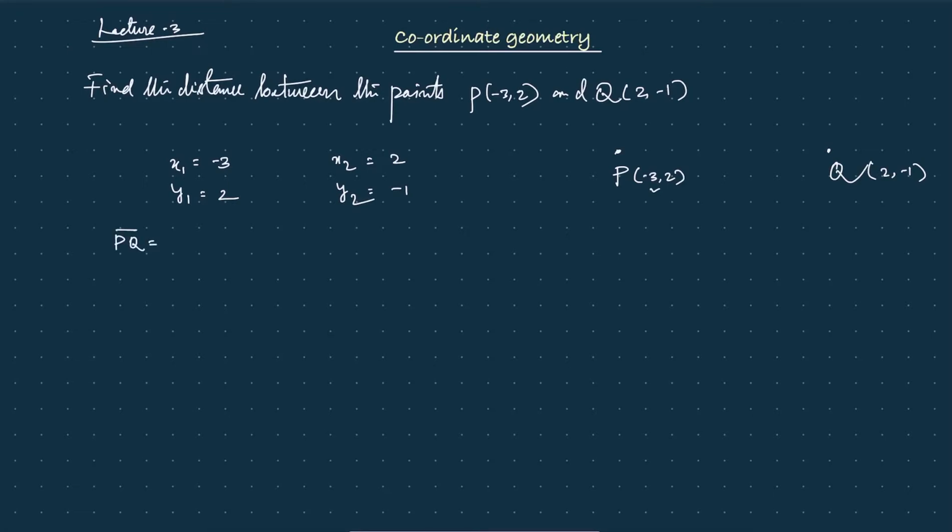PQ is equal to, we know the distance formula. The distance formula is the square root of (x2 minus x1) whole square plus (y2 minus y1) whole square.